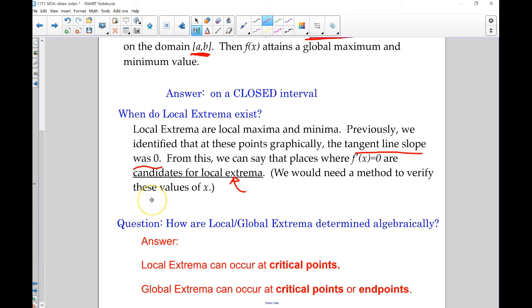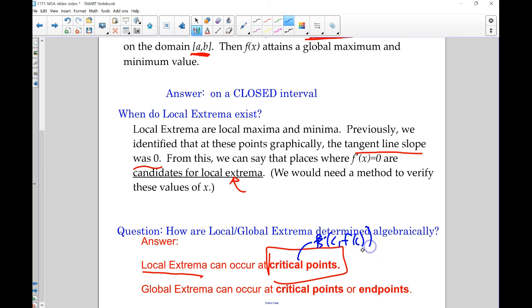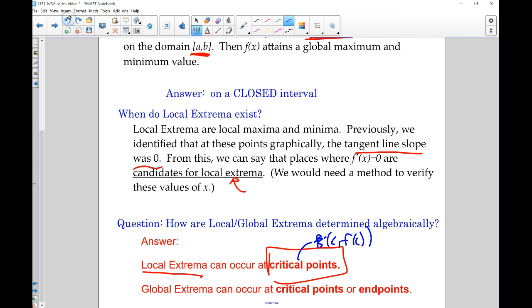So now, algebraically, we've talked about this conceptually, and graphically is not a problem. Algebraically, for local extrema, we want to look at critical points, because remember, critical points were values c, f of c, such that f prime was equal to 0 or f prime did not exist.